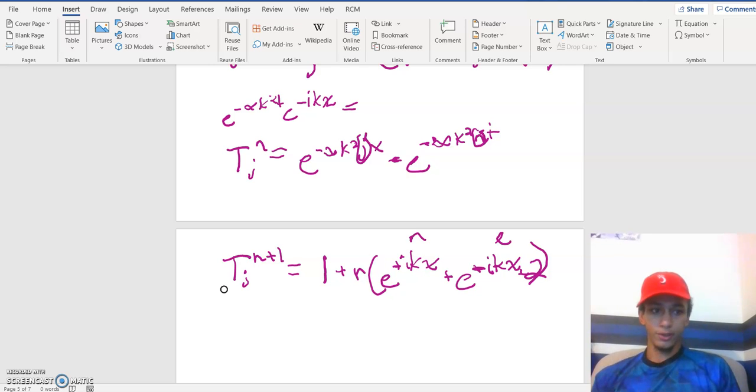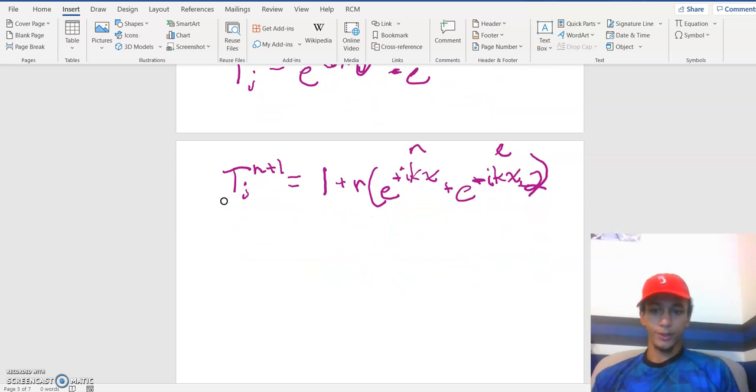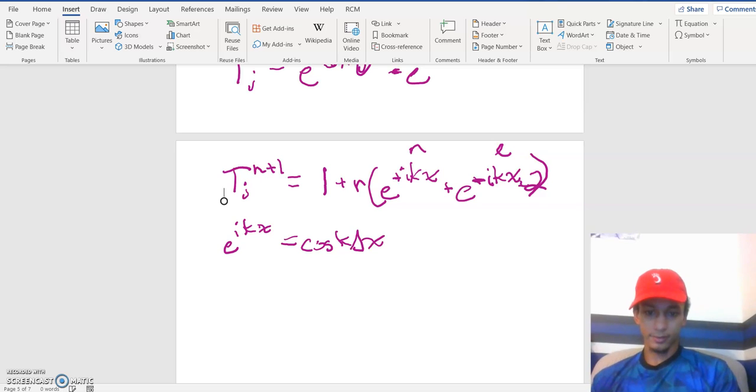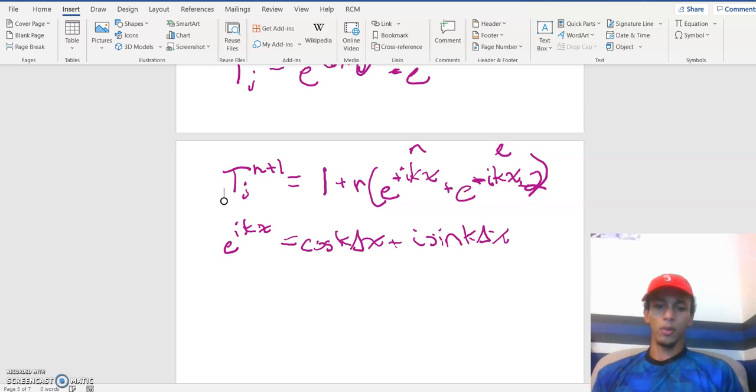So what we know, from Euler's equation, e to the ikx is equal to cosine kΔx plus i sine kΔx. And we know cosine is an even function, sine is an odd function.